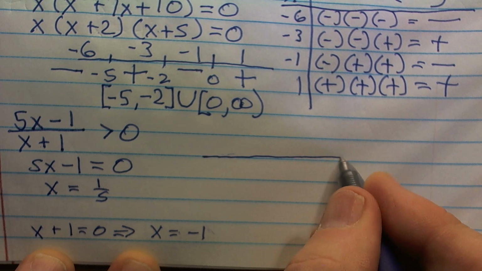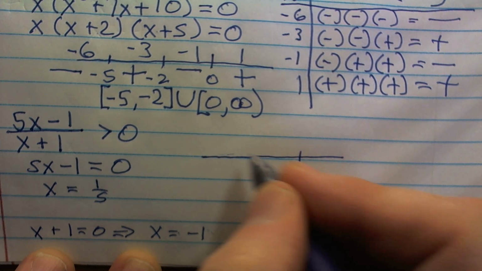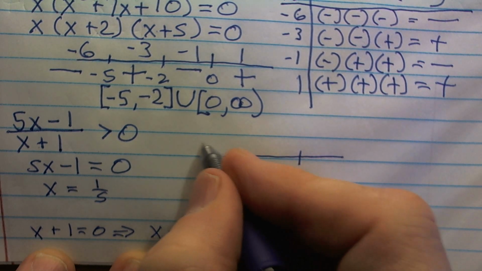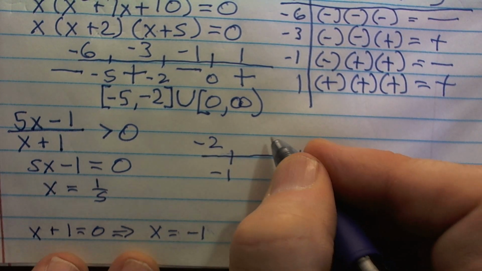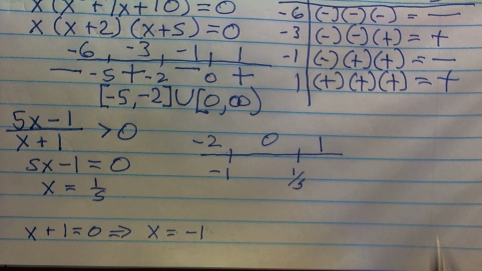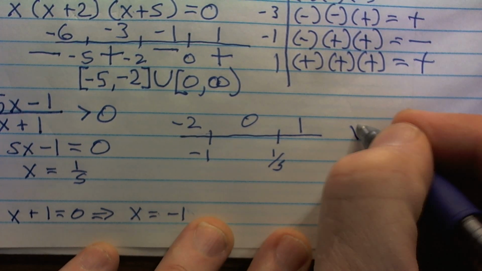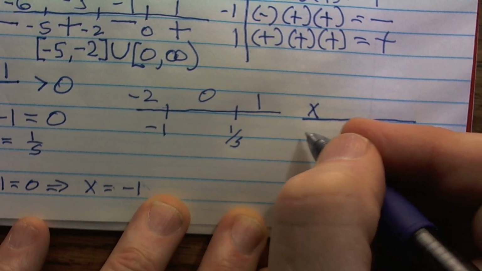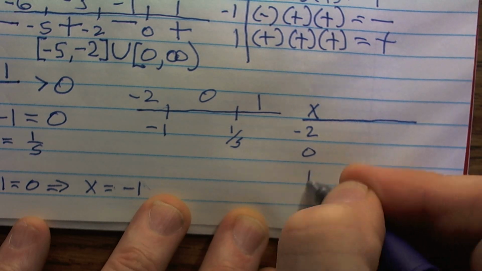So here I go. I've got -1 and 1/5 here. So I'll pick test numbers like -2, 0, and 1. I'll just pick those test numbers and plug them in just like usual. Okay, so I've got -2, 0, and 1.